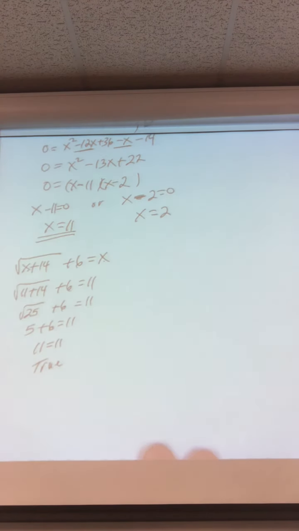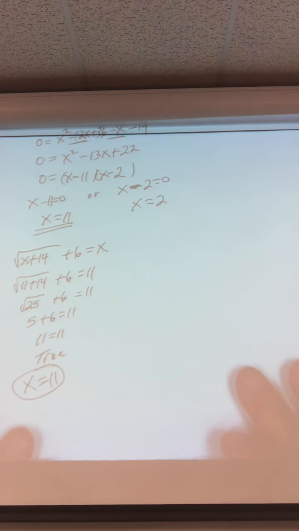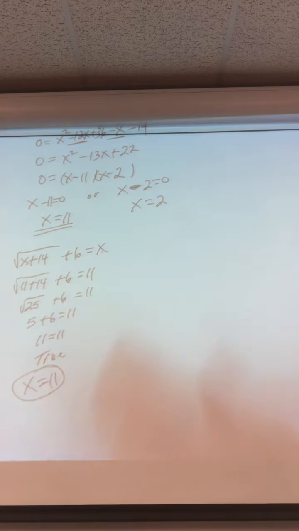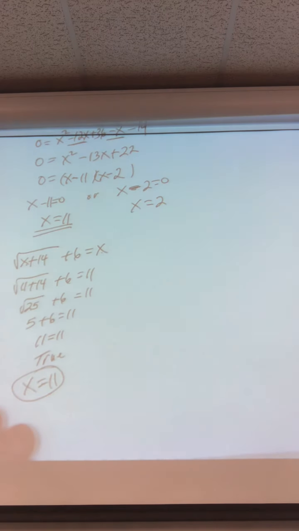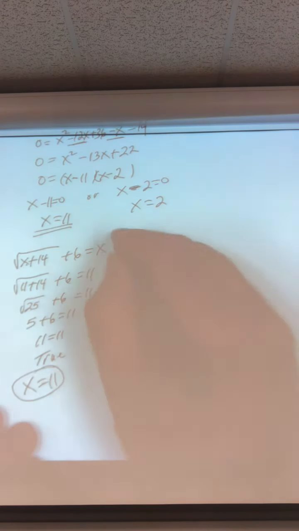So that means that x equals 11 is one answer. Now, if the other one works, there's going to be two answers. If the other one doesn't work, just one answer. But it can't be no solution now because that one worked. Now, if this one had not worked, don't write no solution till you check the other answer.